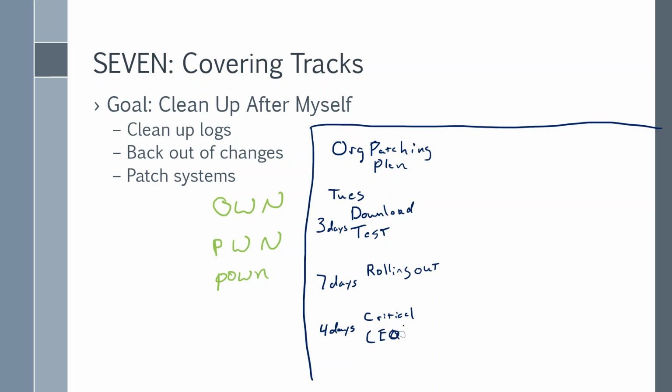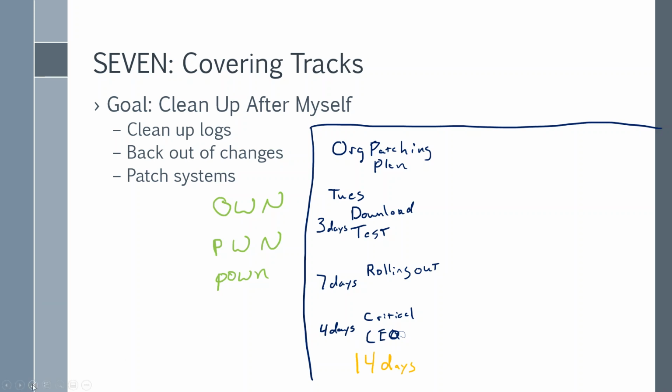Oops, my pen just did something funky there. And so let's say through this, this is typical for patching plans. We are at the end here. We are at 14 days to patch. So that's your typical plan.